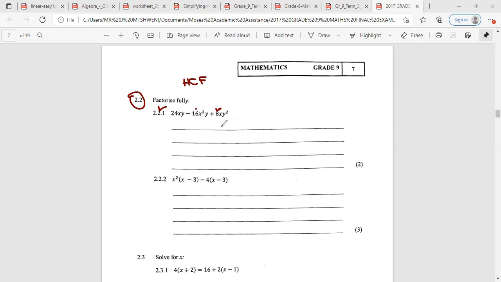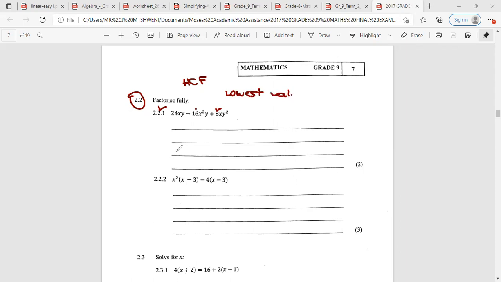I check whether 8 is divisible into 16. Is 8 divisible into 24? If it's divisible, then 8 will be my highest common factor. I hope I'm clear about that. I usually take the lowest value.